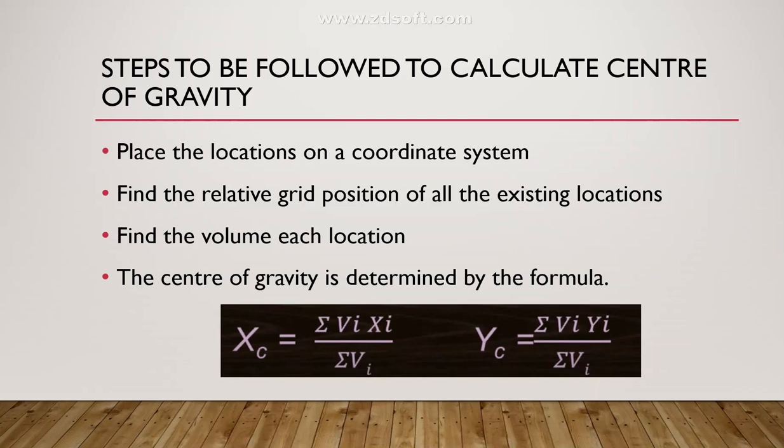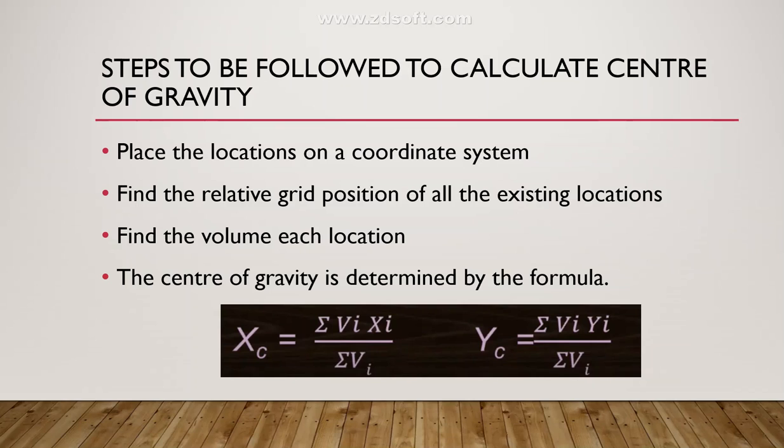So xc is equal to the sum of vi xi divided by the sum of vi, which is the x coordinate we need to determine to arrive at the center of gravity.